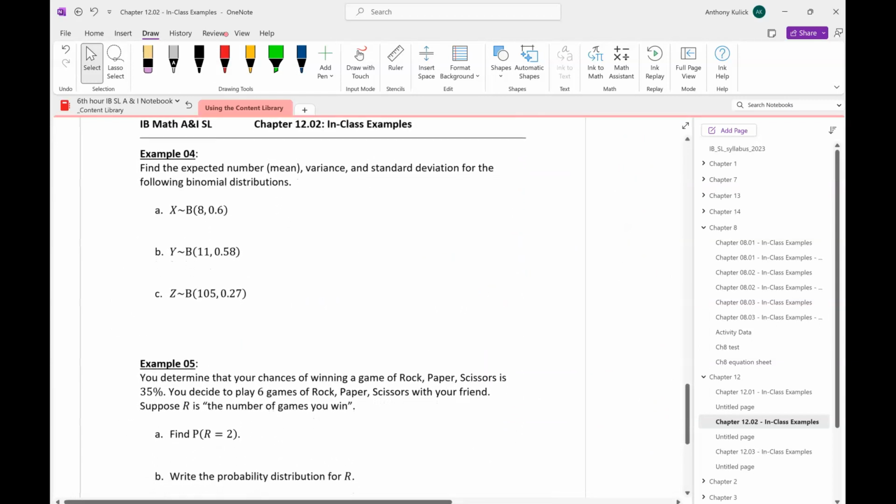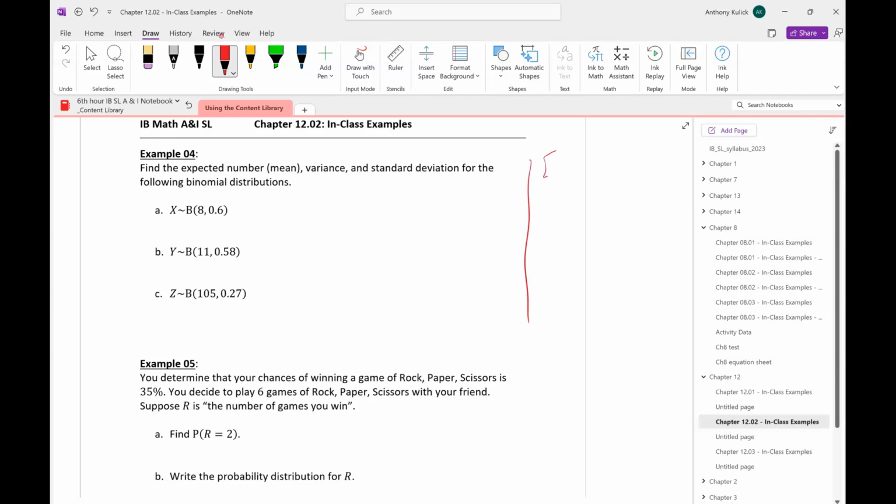Okay. So it says find the expected number, i.e. the mean, and then the variance, and then the standard deviation for each of the following distributions. Okay.